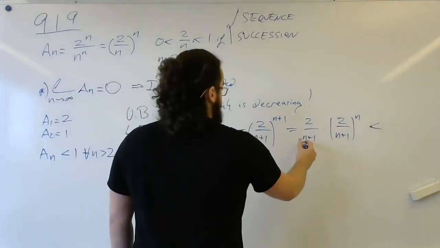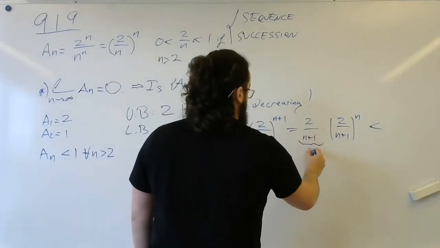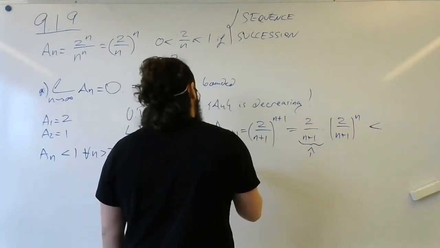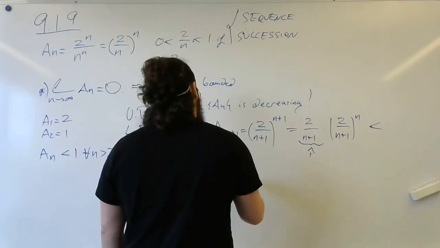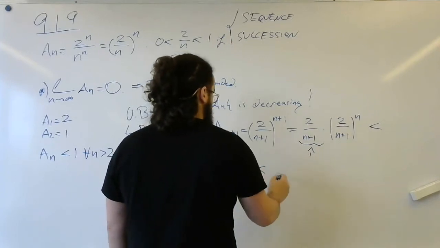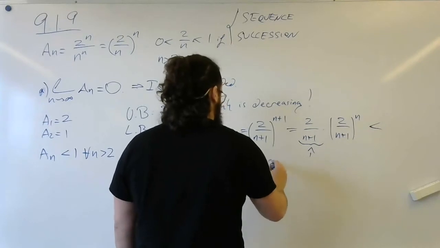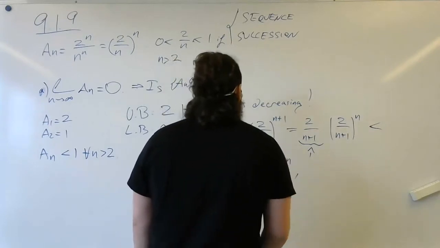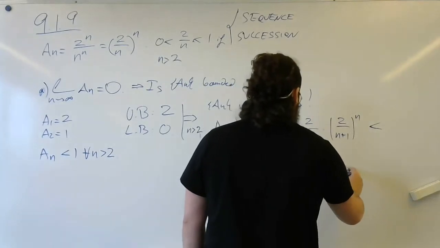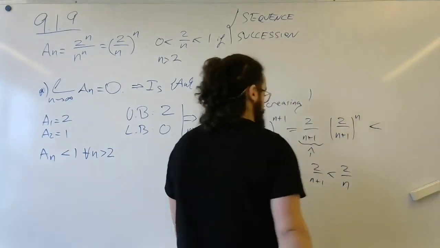And so this thing is smaller than (2 over n+1) to the n, which is smaller than (2 over n) to the power n, since 2 over n+1 is smaller than 2 over n.